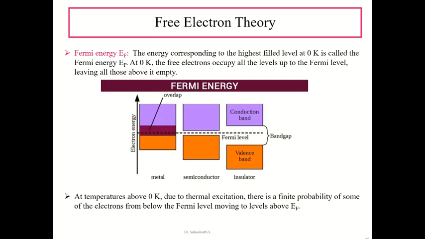So next is Fermi energy, and in this figure we can see the electron band structure found at 0 Kelvin in the case of metals, semiconductors and insulators. The energy corresponding to the highest filled state at 0 Kelvin is known as the Fermi energy, that is EF.